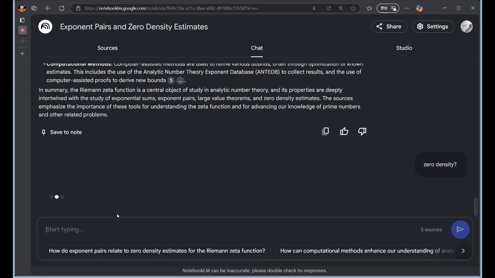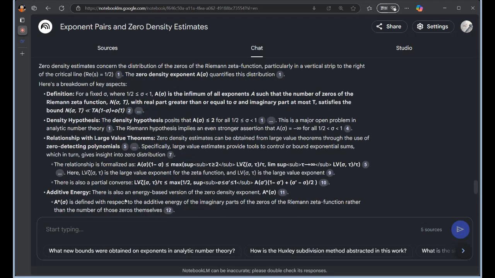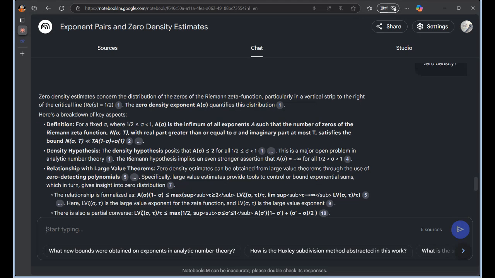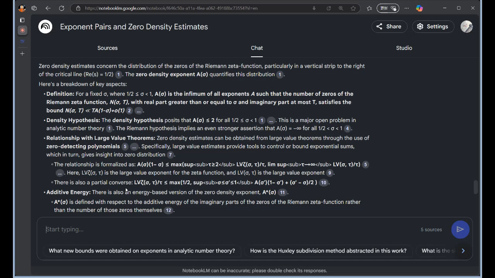Additive energy provides a new lens through which to view this structure, potentially leading to breakthroughs in our understanding of prime numbers and their distribution. So it's like we're adding another dimension to our map of the zeta function. We're not just looking at points on a plane anymore, but at the complex relationships and structures between those points. Exactly. And the ANTEDB project has demonstrated just how powerful this new lens can be.